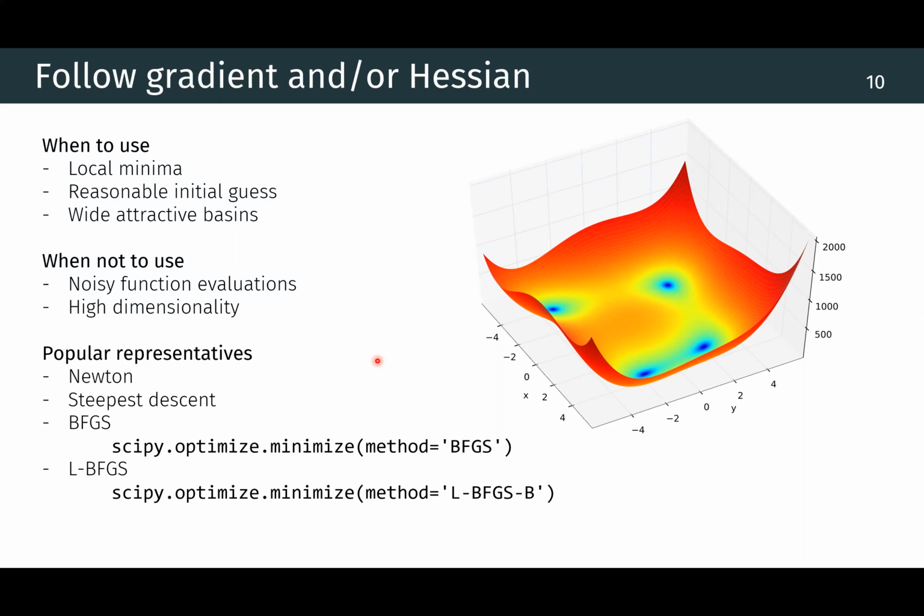So one of the popular representatives of this particular group are, well, Newton himself, which is exactly fit the gradient and the curvature. Then there is steepest descent, which is a little bit clever about the way how, so basically just fit the gradient and then hope for the best. And then there is BFGS and LBFGS, both of which try to use the explicit gradient because that's still cheap to calculate, but then approximate the Hessian.